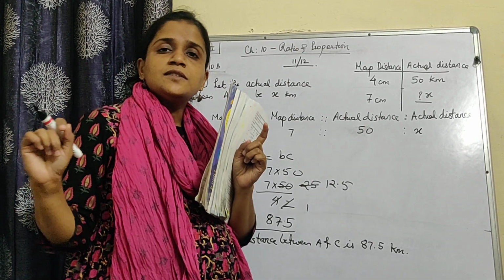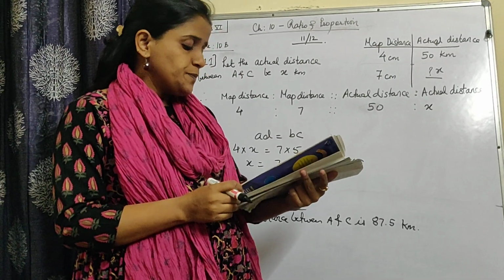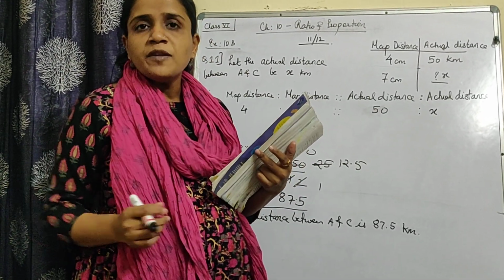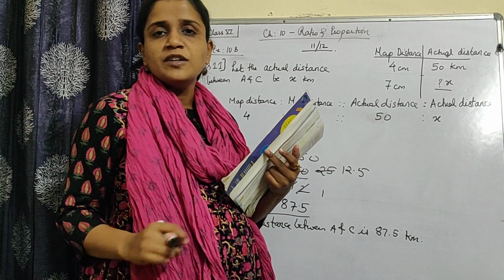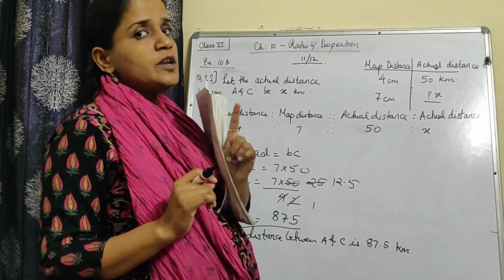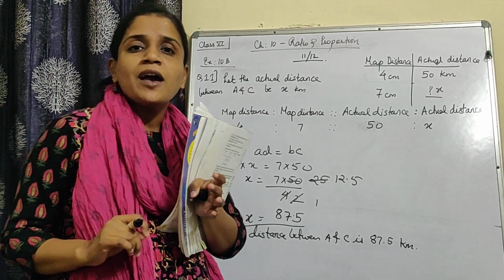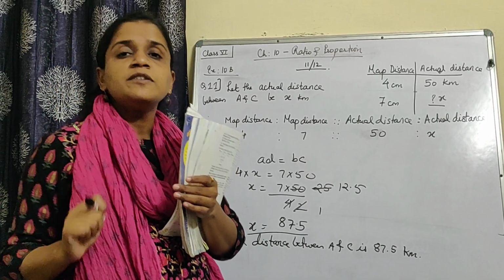The actual distance between the two places is 50 kilometers, but on the map you cannot represent it by 50 kilometers. So they have scaled it down, and the distance between places A and B on the map is represented by how many centimeters?